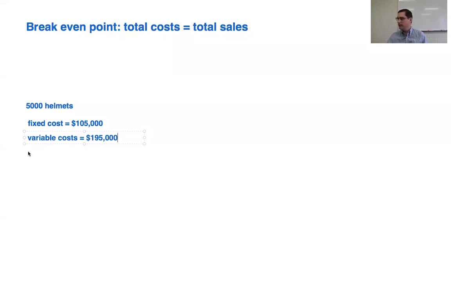So the question is, what price per helmet am I going to have to charge in order to break even on these helmets? What should my sale price per helmet be if I'm going to break even? Well, we can use this equation up here to help us solve this problem.